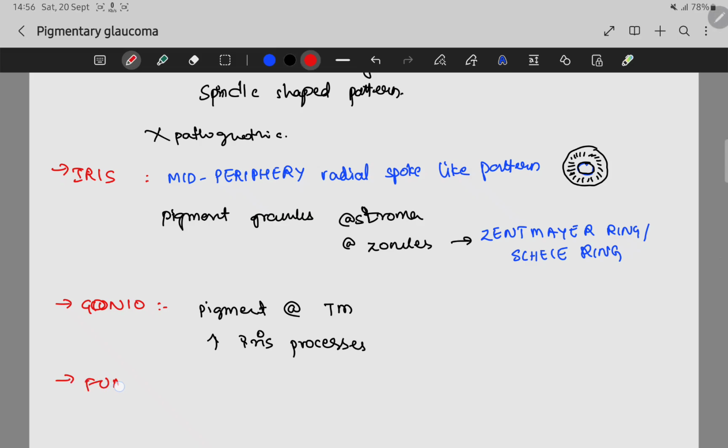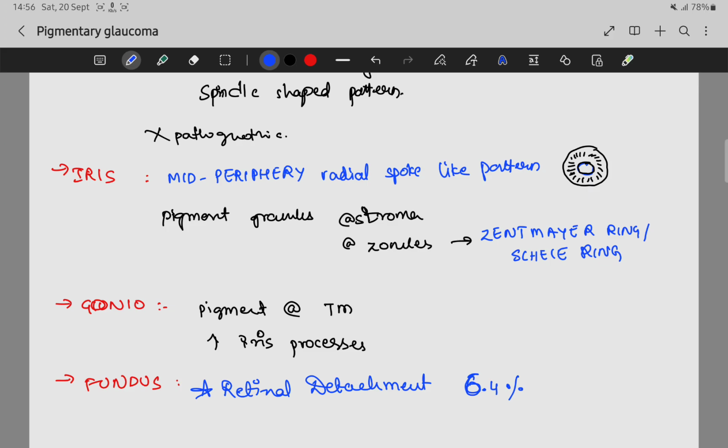On fundus examination, we have to remember there is more chance of retinal detachment. That's why we have to perform a fundus examination in these cases.